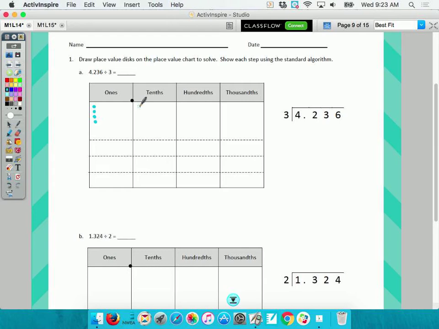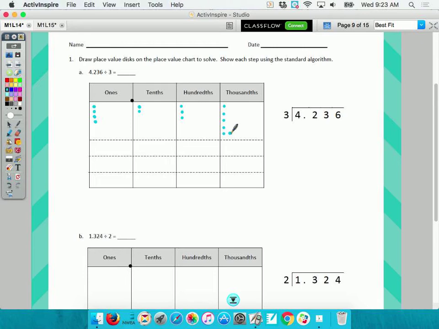And then 2 tenths, 3 hundredths, and here's how I want you to do 6 thousandths: 5 plus 1. Those are still the tens frames, aren't they? Yes. Okay? But at the top, I want you to go vertical. Down here, we'll go horizontal. So we'll go across. Okay? So this is all set up.